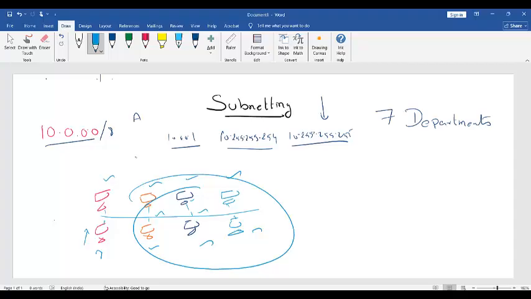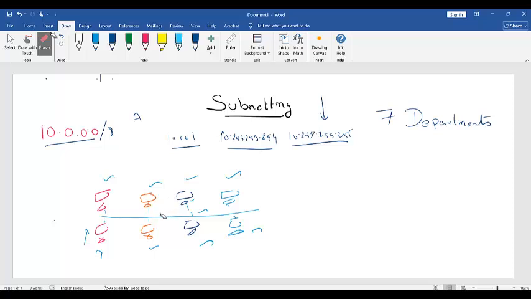It's unnecessary for this broadcast to go to other departments, wasting their bandwidth and CPU. Because we have not done subnetting, because they are all in the same network, this problem occurs.